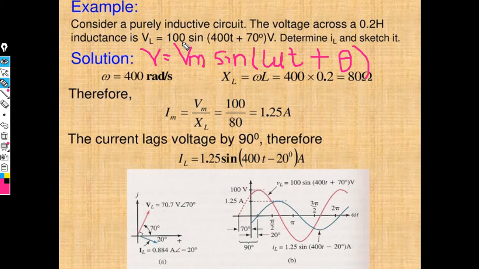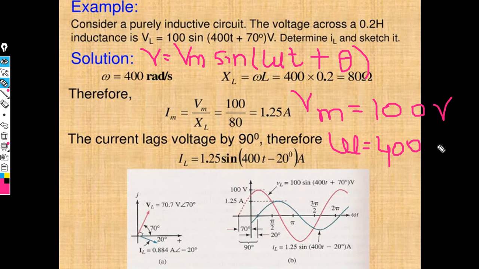Here Vm, the maximum voltage, is 100, omega is 400 radian per second, and theta, the angle, is 70 degree. Now we have to calculate the IL current.